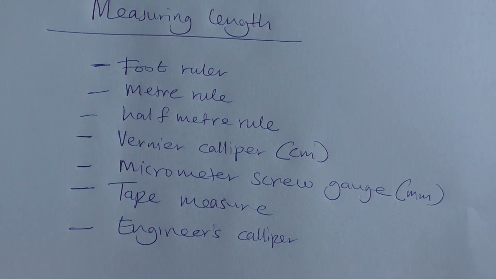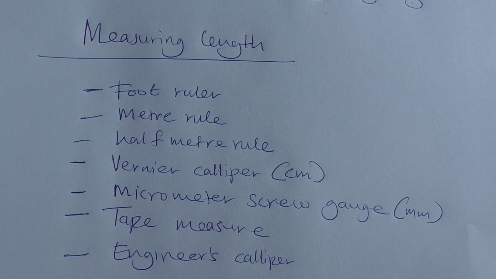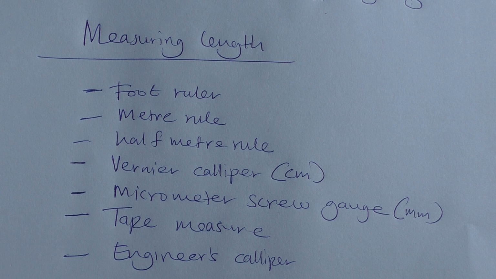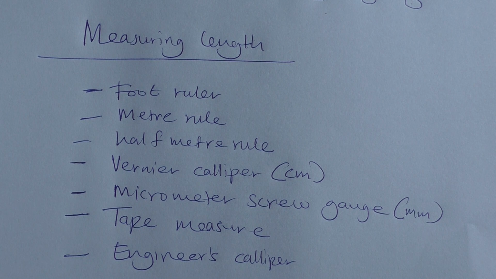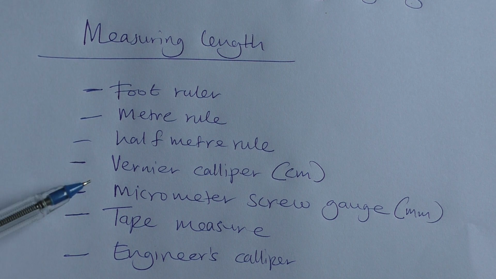Among others, because these ones have just been introduced, during the days back, we were measuring length using strides. So these are some of the instruments that we use while measuring length.